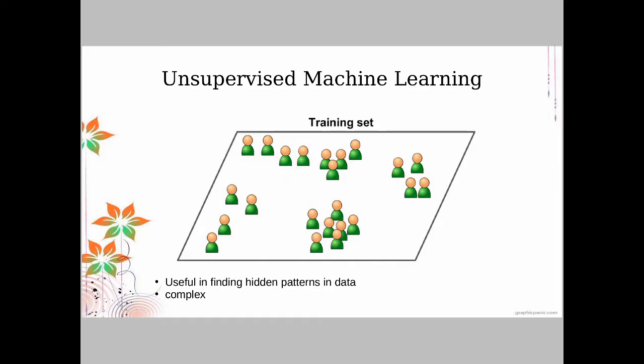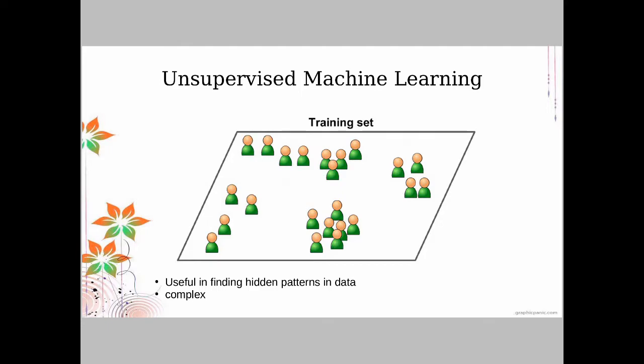Now, in unsupervised machine learning, the computer, basically the student, is given questions without answers, and is never given the answers. So it's up to the machine to find hidden patterns in the data. This is usually used if there are really no labels, no known answers for the data.